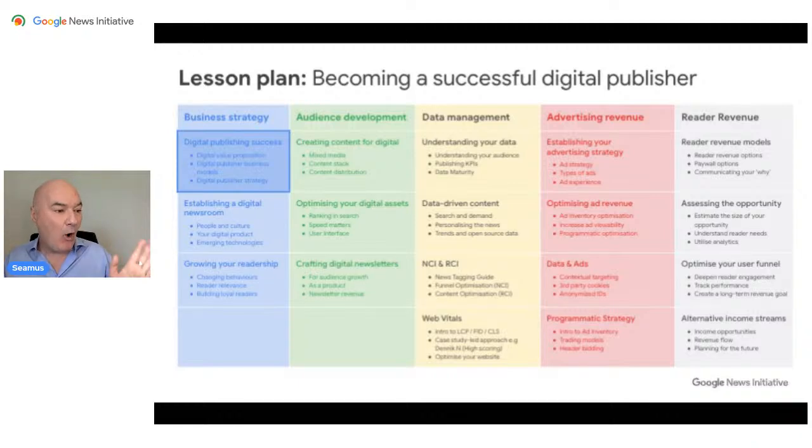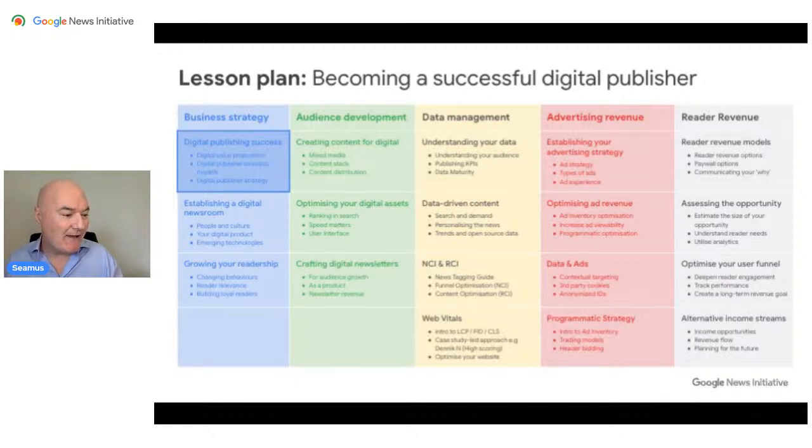As you can see there, a whole host of different lessons: audience development, looking at creating content for digital, optimizing your digital assets, crafting digital newsletters. Also very important at the moment: data management, understanding your data, data-driven content. Can you tell NCI from RCI?